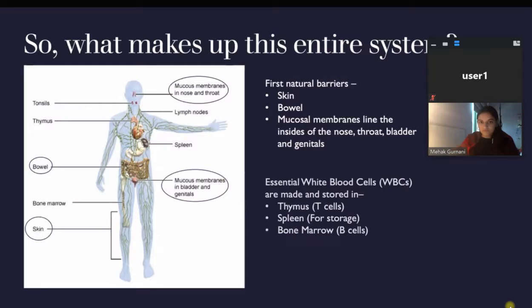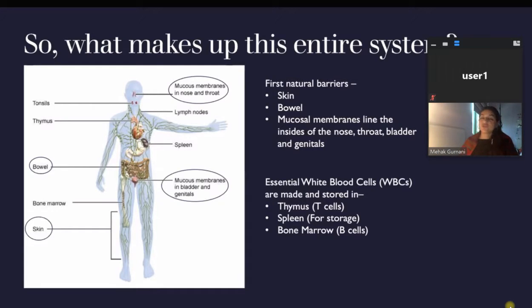Next, when we think of immunity, we can't help but think about white blood cells. White blood cells are very special in fighting all types of infections, bacteria, parasites, and this is their main role. So where they are made and stored is essential.